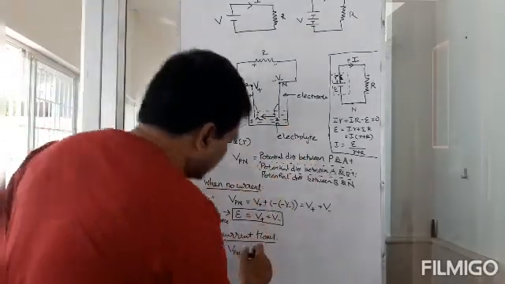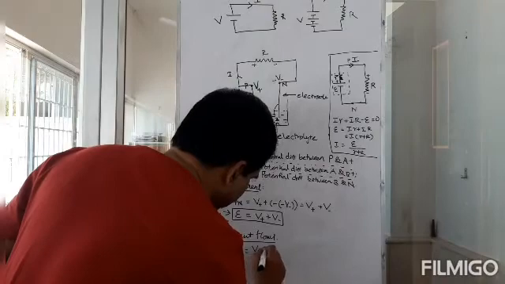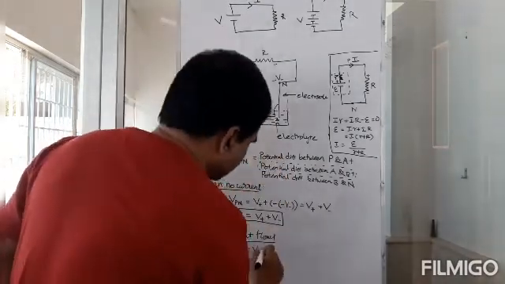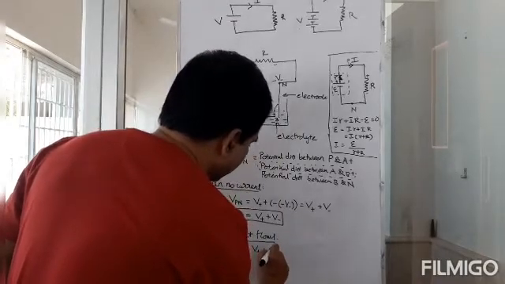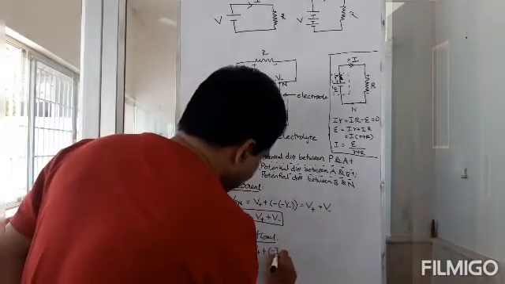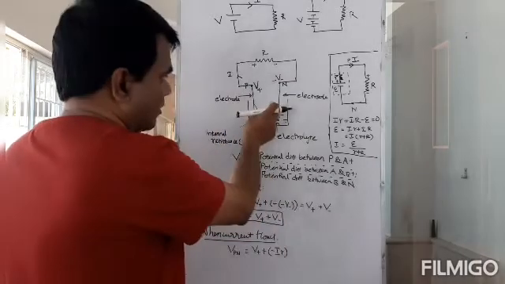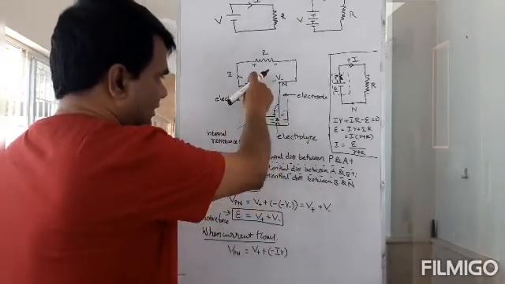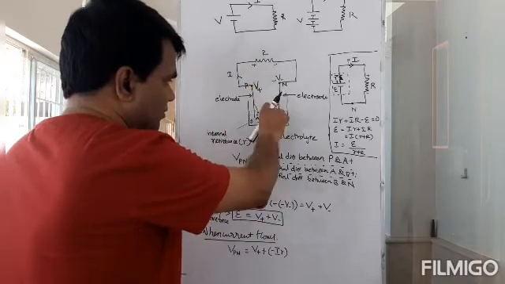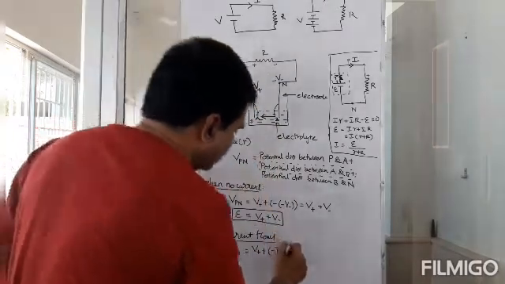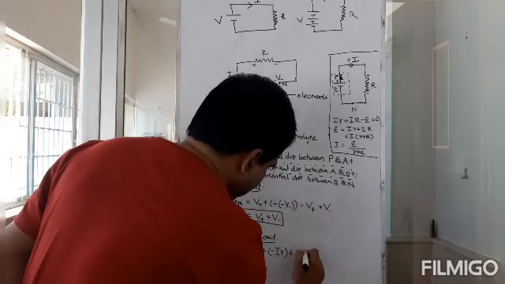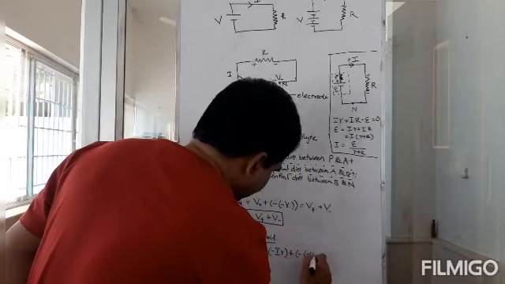So that would be V plus, and here there is a potential drop. That is going to be minus I into small r, because this is positive, so this way we are going, right? V plus here, and then we are going this way, so the minus Ir, then plus minus of minus V minus.